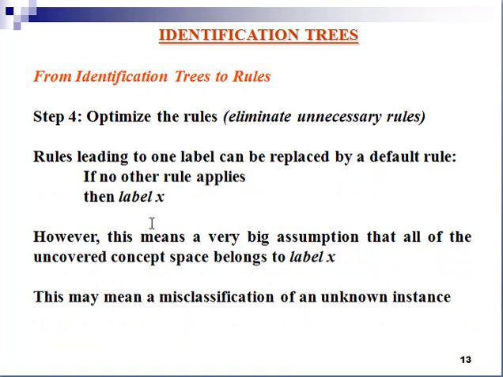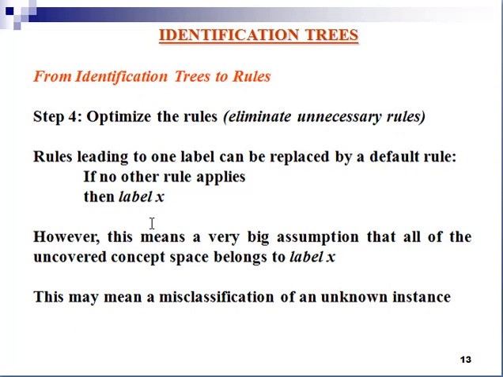So rules leading to one label can be replaced by a default rule, right? This is a common trick which we use sometimes in decision trees: if there are some rules which are leading to one label, then we can generalize that label.